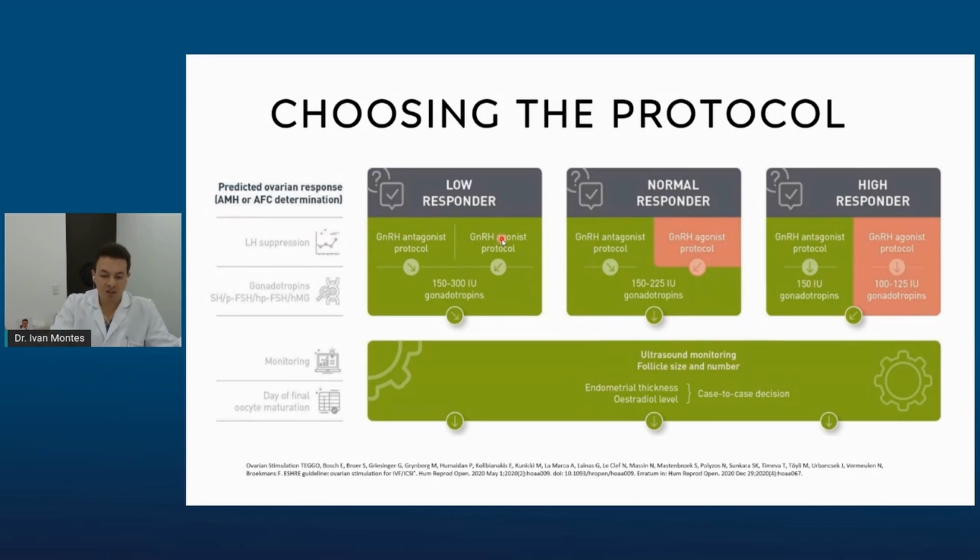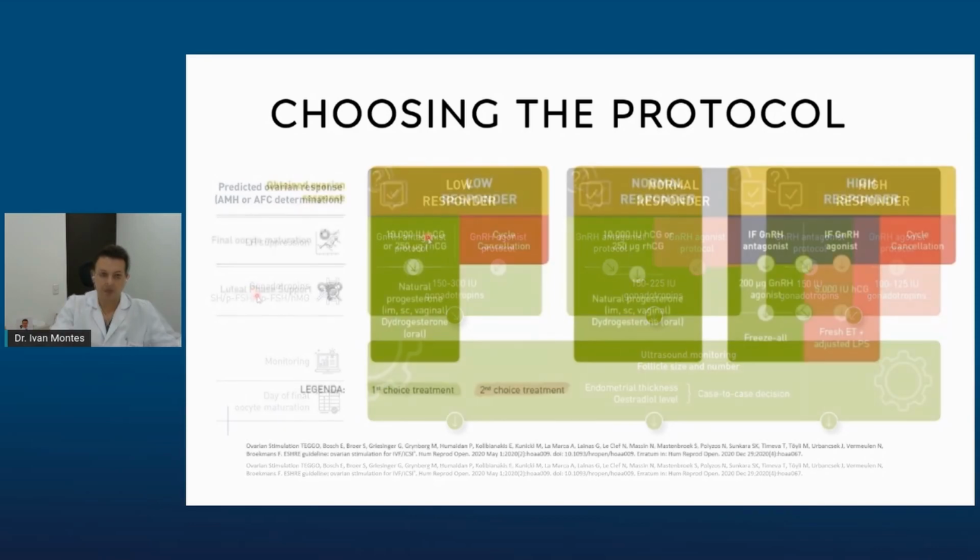The recommended dosage of gonadotropins is between 150 to 300 units per day, always using FSH plus LH to also stimulate the production of androgens. And keep in mind that it's very necessary to do an ultrasound follow-up for any of these cases.